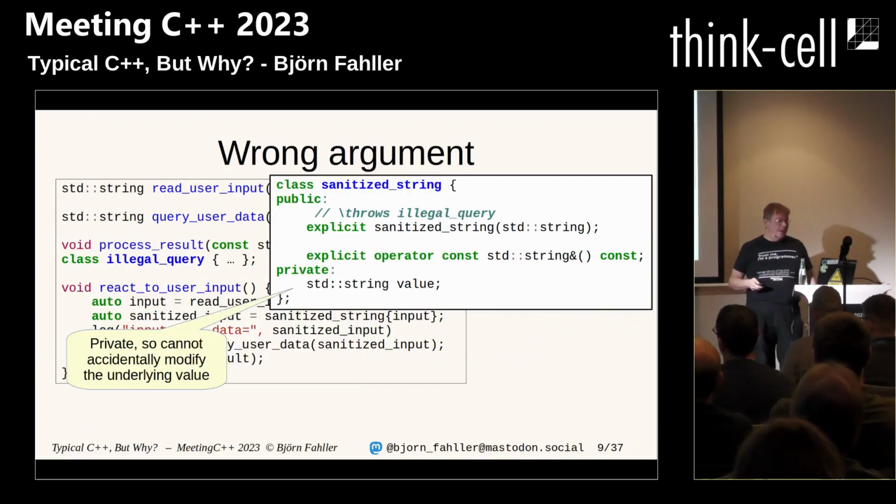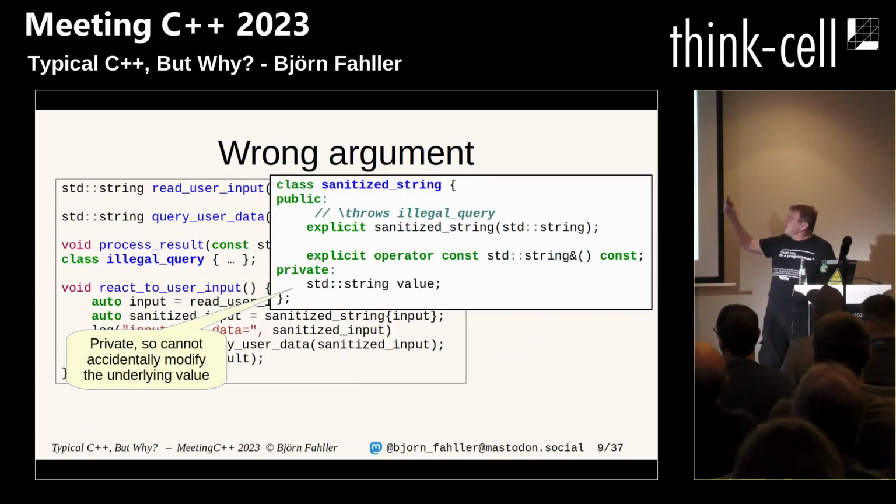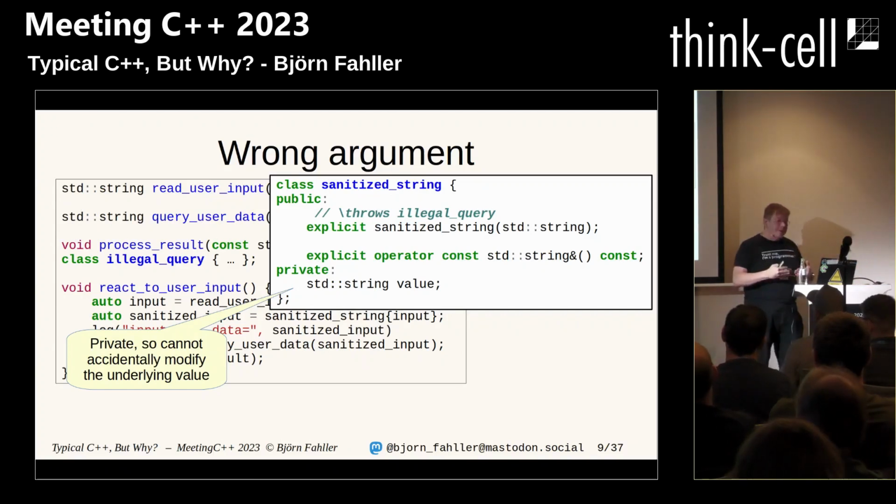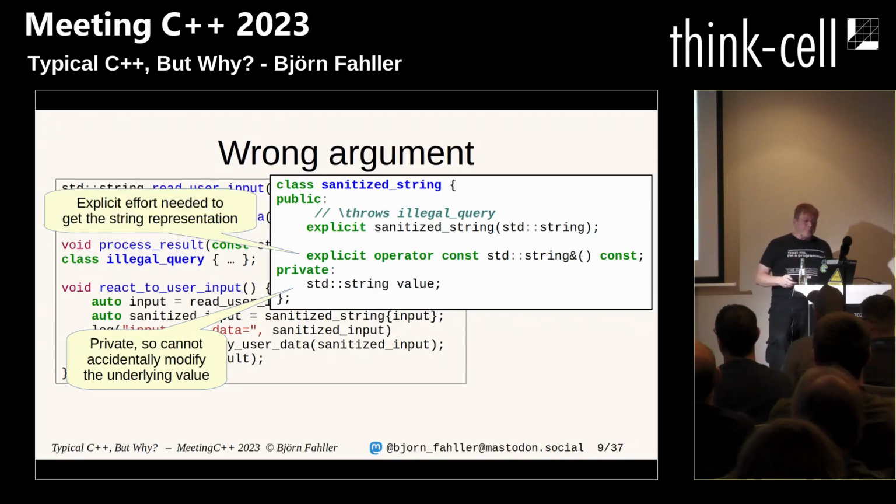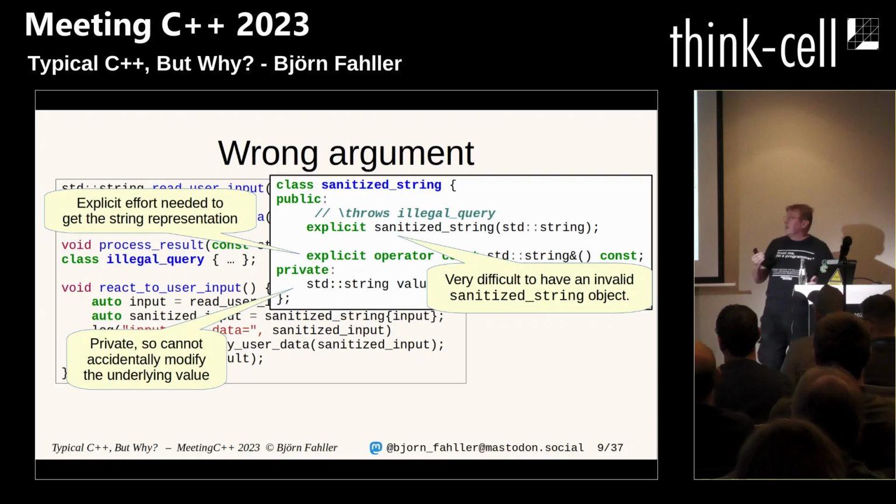So we have this explicit operator const string ref. We have the string is private, so you cannot accidentally modify it. And we also have a constructor, again, explicit. And also, if things are too weird to be sanitized, it throws.